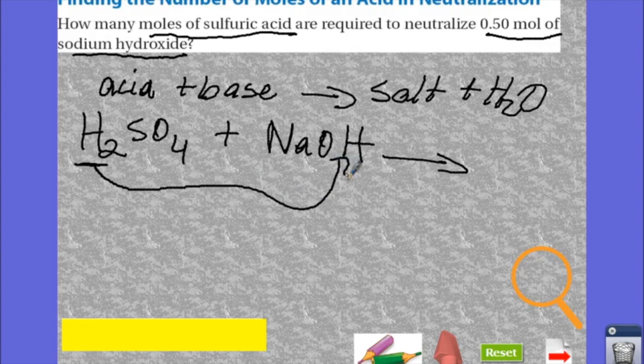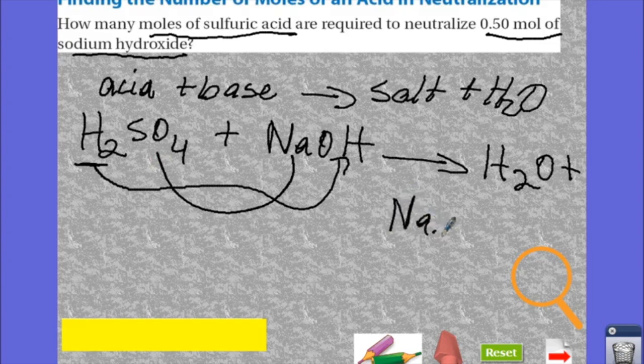It will give hydrogen ion. My hydrogen ion will go with the hydroxide ion from the base to produce the water, and the cation from the base will go with the anion from the acid to produce your salt. So the right formula for the salt is Na2SO4. Always start with a balanced chemical equation.